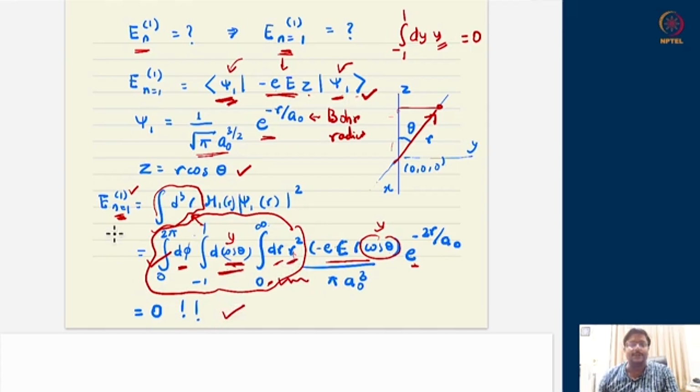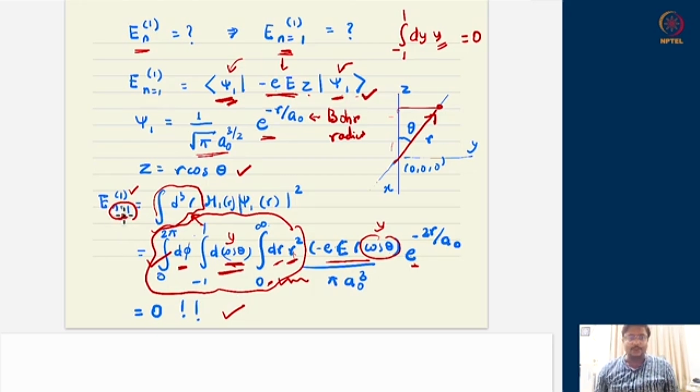Therefore the ground state energy does not change under perturbation at the leading order. That means at order lambda it does not change. Maybe at order lambda square it changes. En1 happens to be 0, but that does not mean En2 is also 0, or En3 is also 0. And this is true for n equal to 1 only.